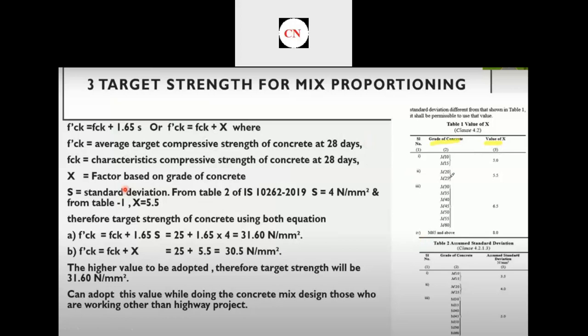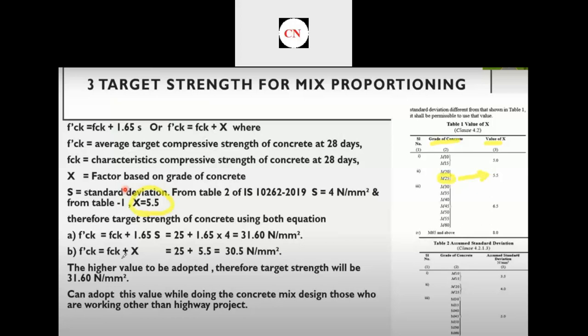In our case, we are designing M25 grade. So for M25 grade, the value of X is taken as 5.5.